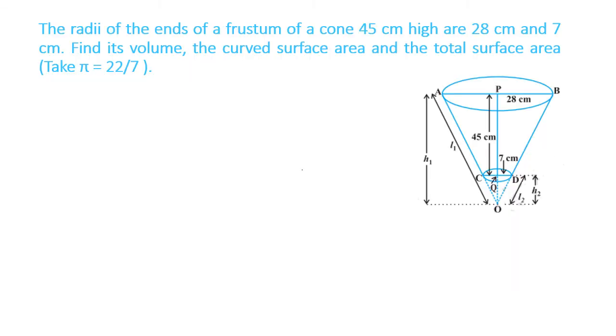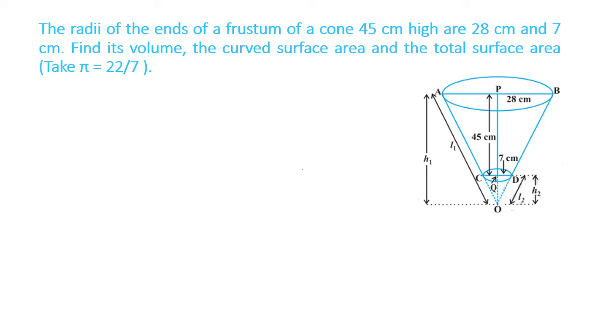So we have to try out a sum based on the frustum. The radii of the ends of the frustum of a cone. So the diagram is shown here. Yes, this is the example in the book. So this top part is actually a frustum. Remove the bottom cone.